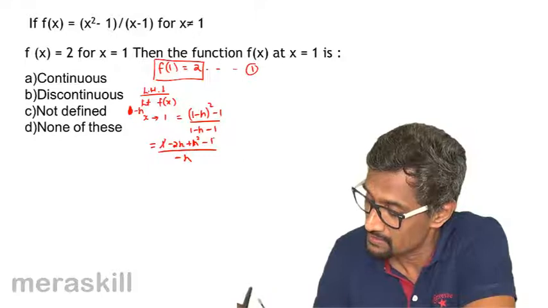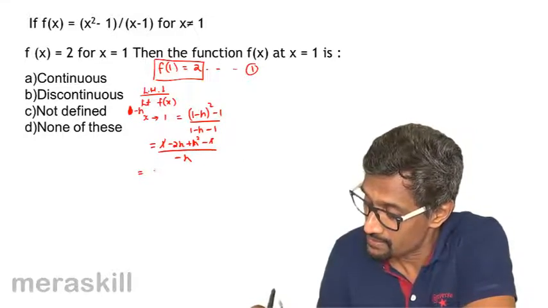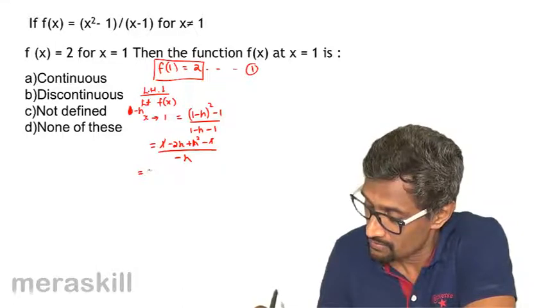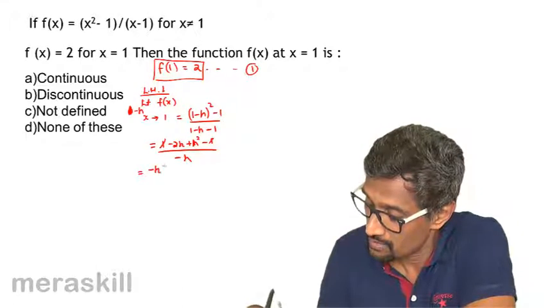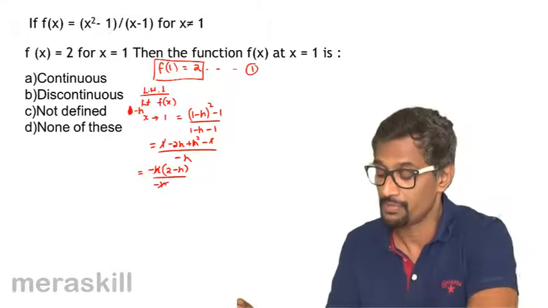So this gets cancelled. We can take out minus h common, and you get (2 minus h) upon minus h, which turns out to be 2 minus h.